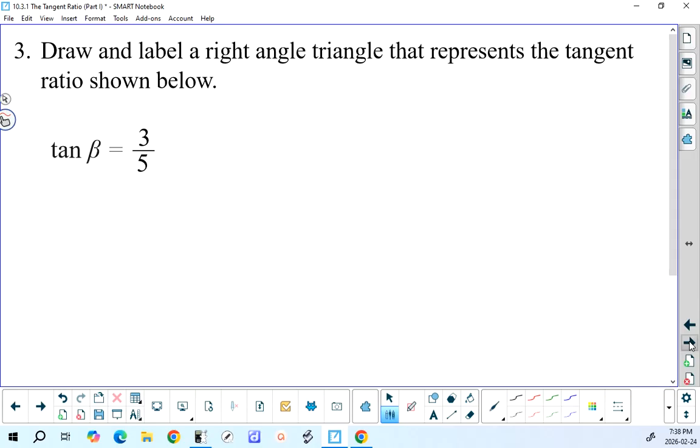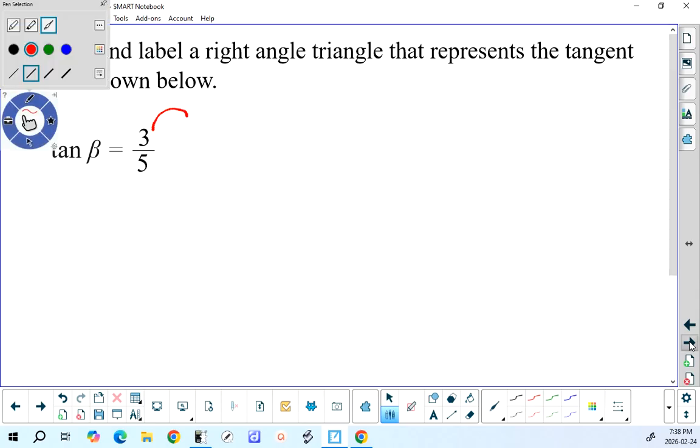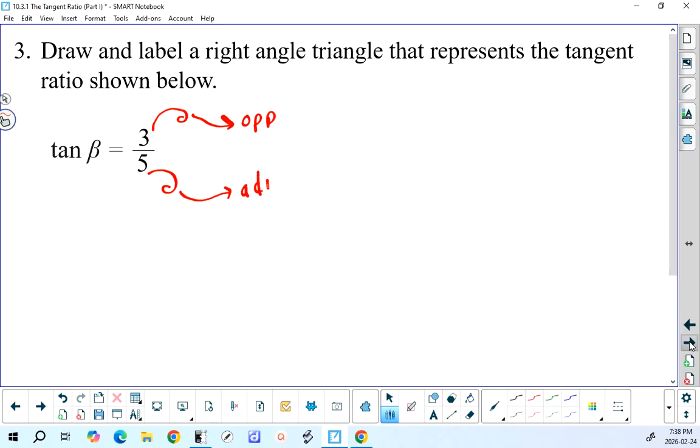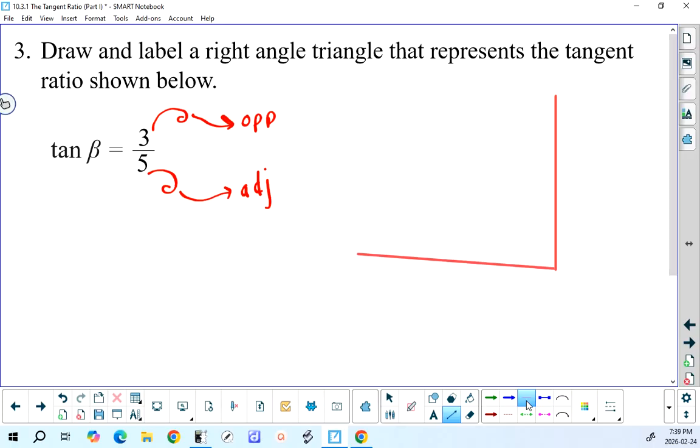Number 3, draw and label a right triangle that represents the tangent ratio shown below. Well, tangent is opposite over adjacent. So you can draw a triangle here, if you want, that has an angle so that the opposite side is 3 kilometers long and the adjacent side is 5 kilometers long.